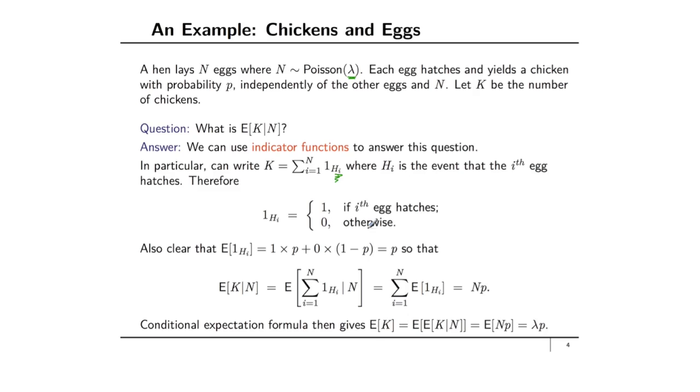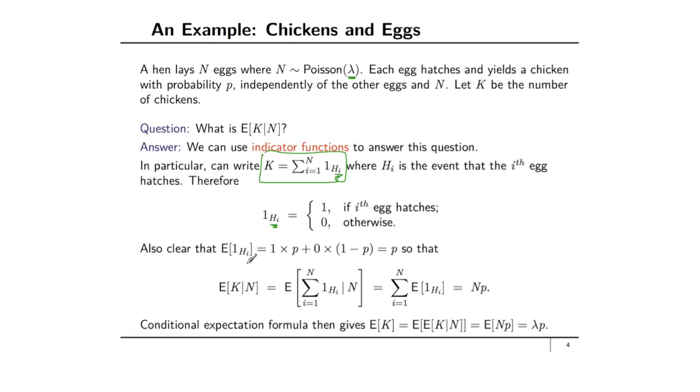So in fact, that's an indicator function in general. It takes on two values, 1 and 0: 1 if the event in question occurs, 0 otherwise. In this particular example, the event in question is Hi, the event that the ith egg hatches. So we've written k as the sum from i equals 1 to n of these indicator functions.